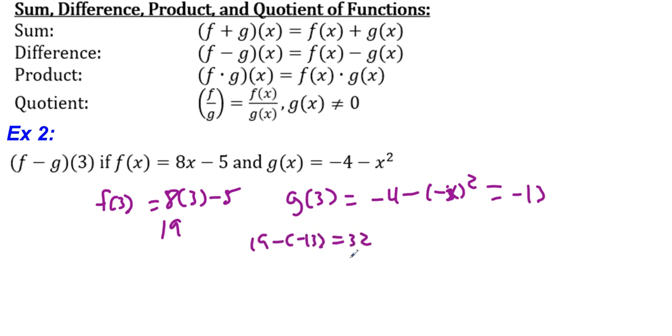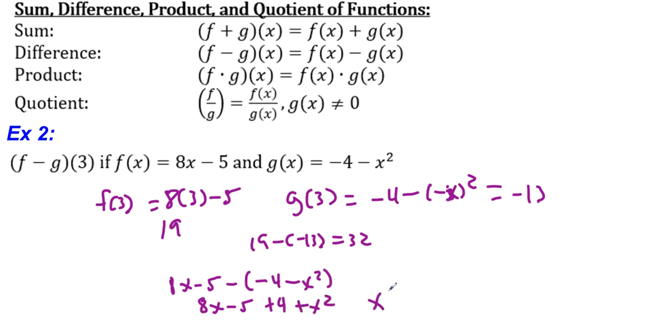I could also do it this way. Now, on this particular problem, I wouldn't recommend it, but you certainly can do it. You can do 8x minus 5 minus, but we got to put it in parentheses, negative 4 minus x squared. And distribute that negative 1. So you have 8x minus 5 plus 4 plus x squared.